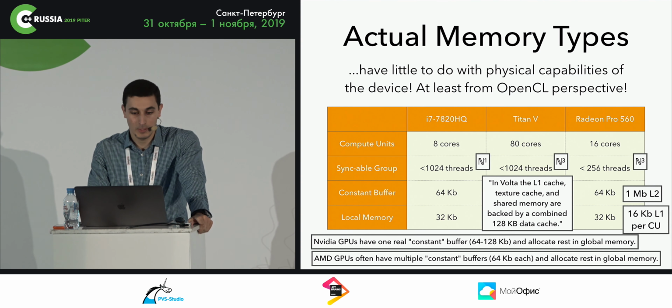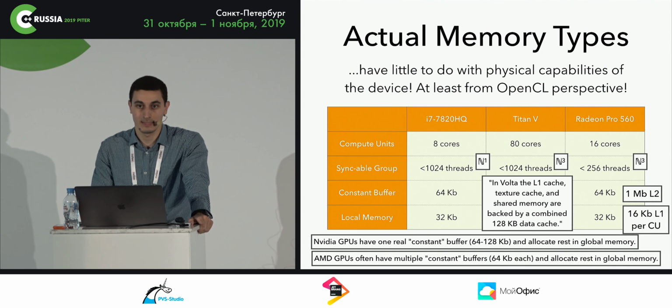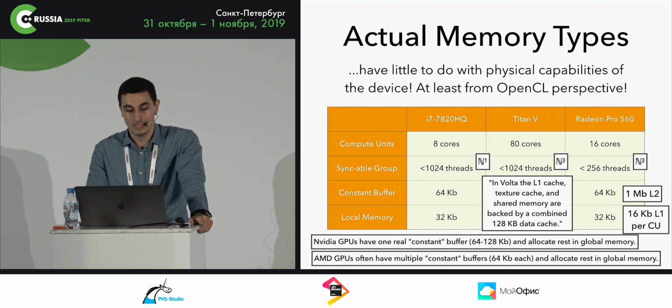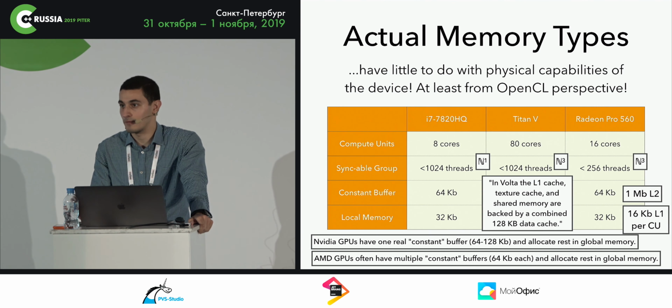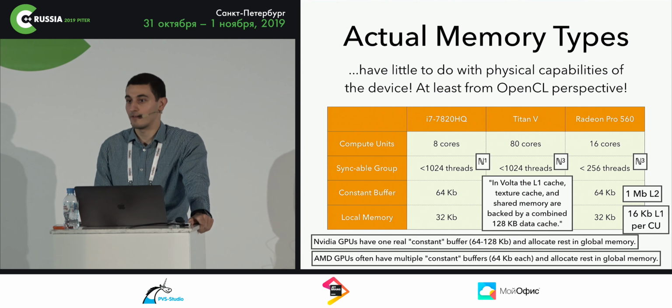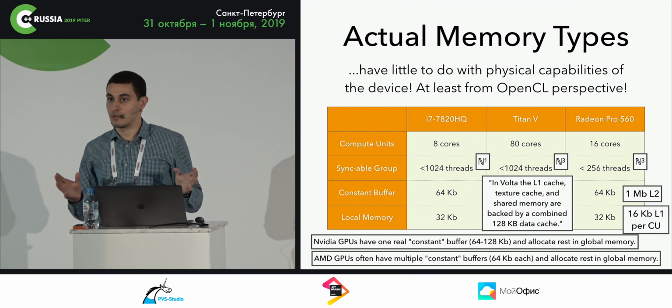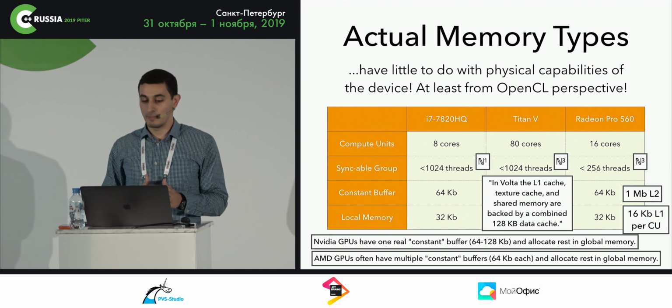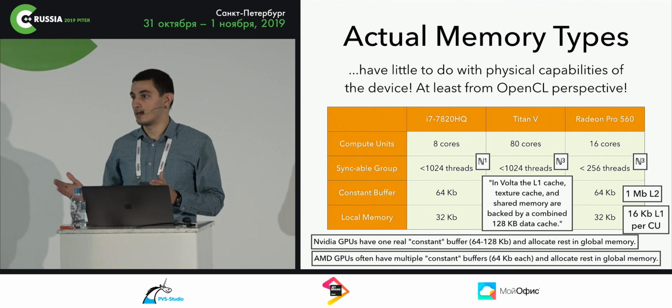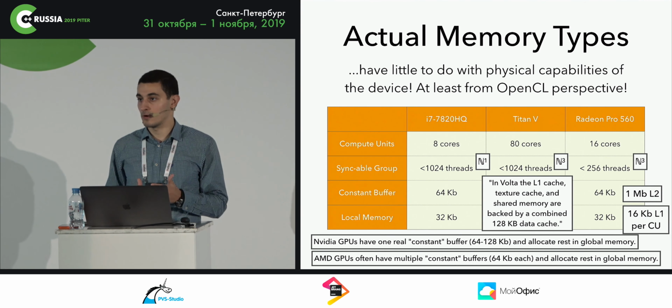So NVIDIA GPUs generally have just one single constant buffer, and then allocate everything else that's called constant memory just on a heap. And with AMD's, it's even more tricky than that. They have a fixed size of a constant memory buffer, 64 kilobytes, but you can have many constant buffers on the same device that are disconnected from each other. And then everything that is beyond 64 kilobytes will also be allocated in the global memory heap, even though you call it a constant memory.